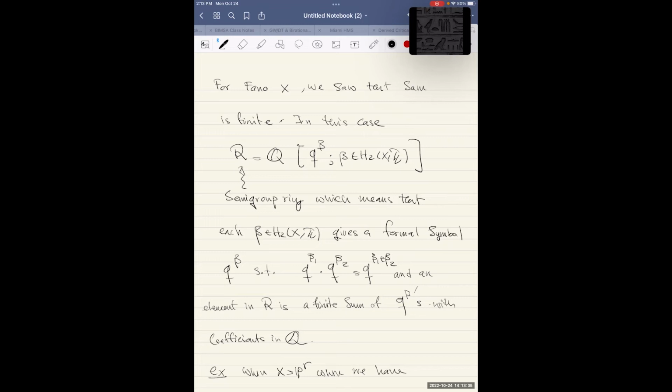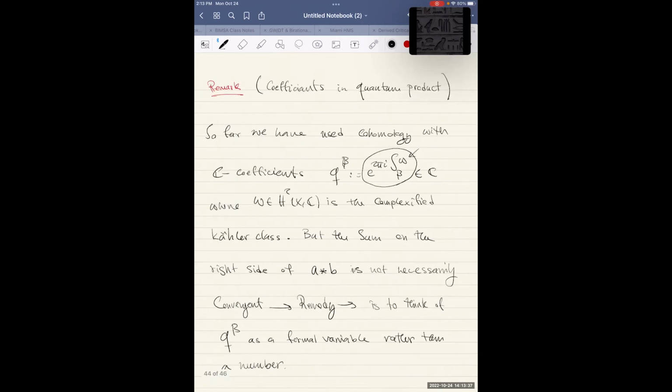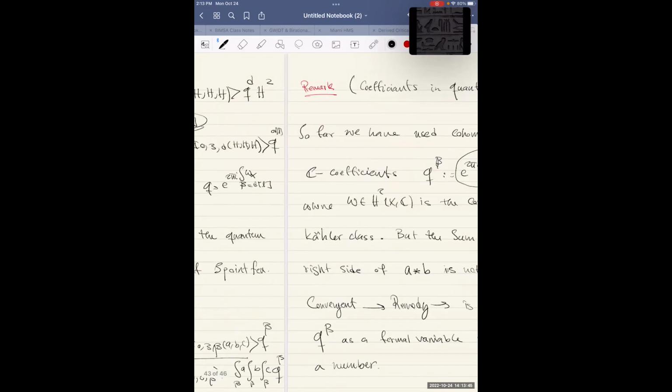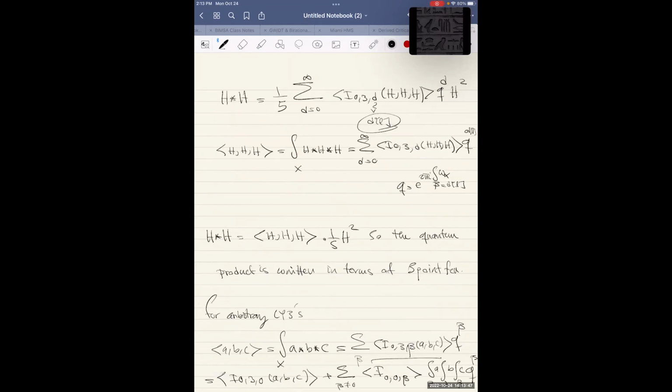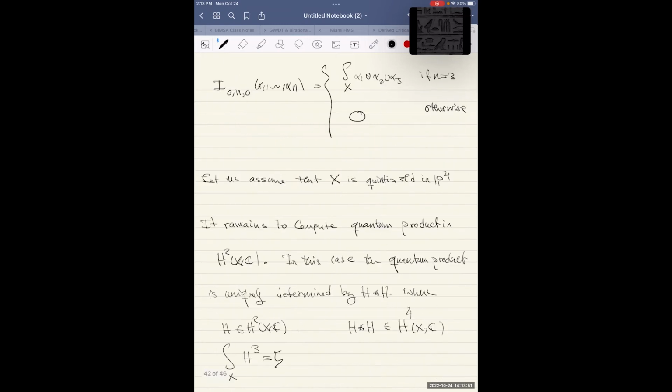Okay, so I think this is where I'd like to end the discussion on small quantum cohomology. We can discuss big quantum cohomology, but before that, there is a lesson I would like to take out of this.